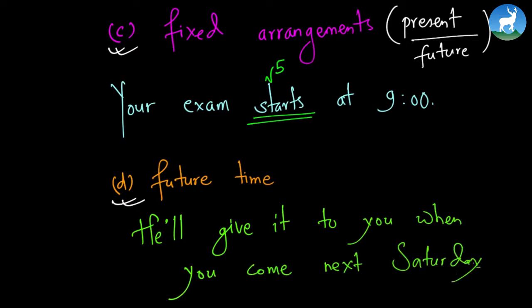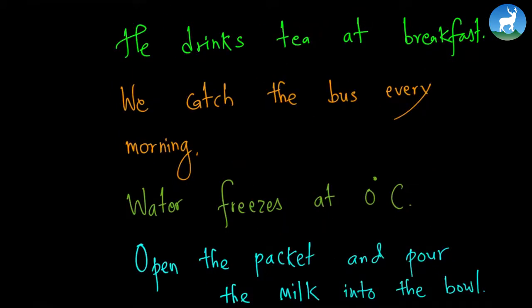So he's going to give you something, and that will be on next Saturday. He will give you. So this is clearly in future tense, but we use the present form after introducing a conjunction. So whenever there is a conjunction, we are going to use simple present tense in sentences like these. Let me give you more examples. Alright, these are some more examples.